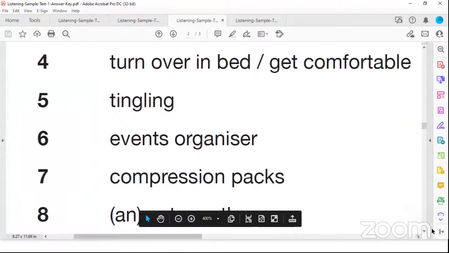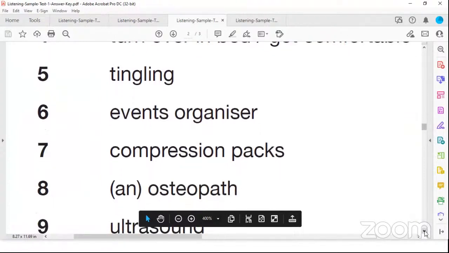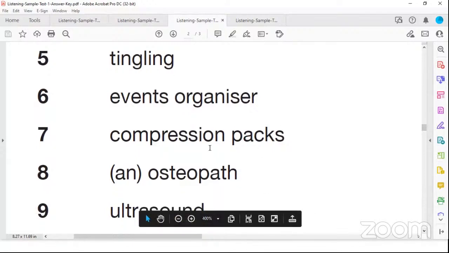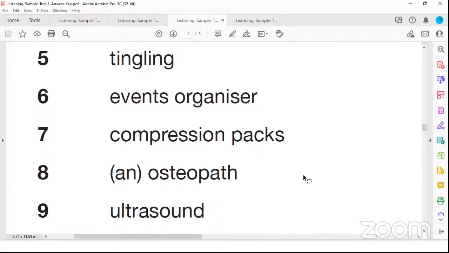Okay, now let us check the answer. Ultrasound is the name of a thing. That's all. Ultrasound. Sound. Why do you want to write 'an'?